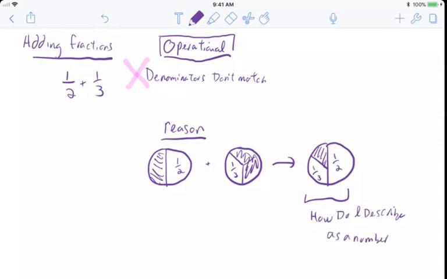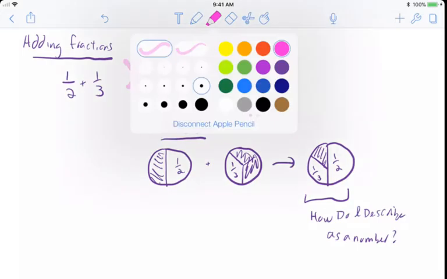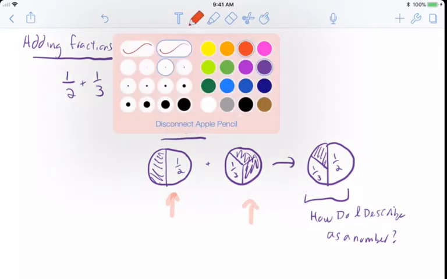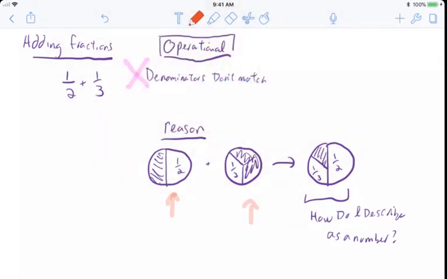How much pizza do I have? The method for doing this is actually pretty fun. What you need to do is go back to your original pizzas, and when you're describing them, you need to cut them into smaller pieces. So you look at your final pizza and you go, you know what?